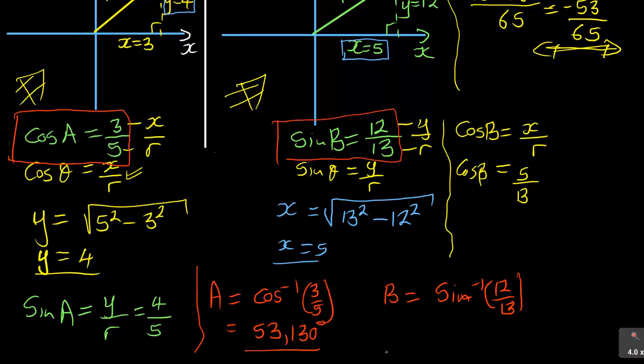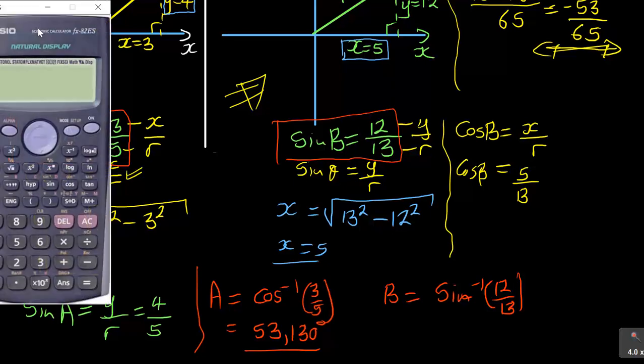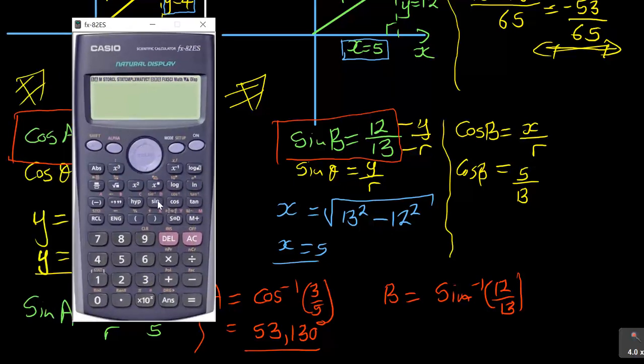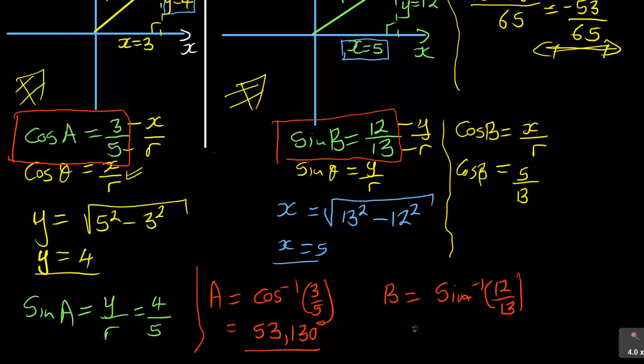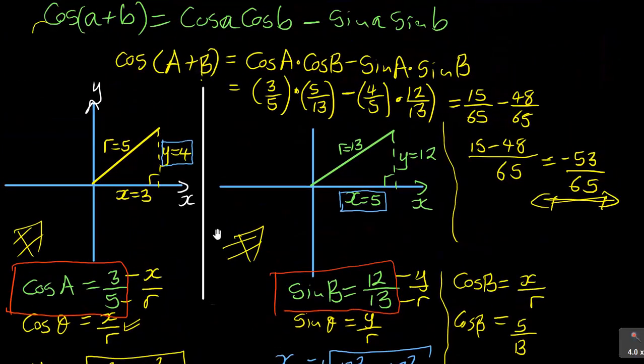And then what about the second one, arc sine 12 over 13, and then I've got 67.380. That is my angle B. So now the question is, I've got angle A and angle B. This question was find cos A plus B.